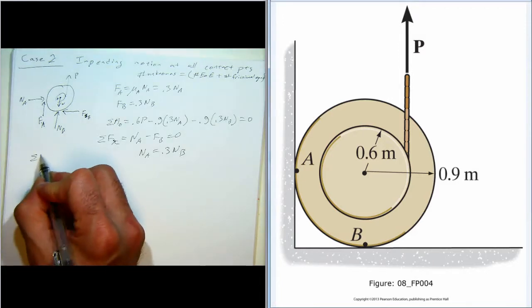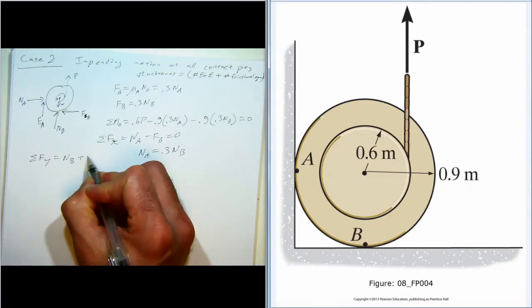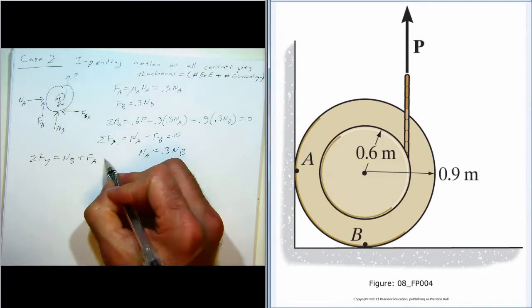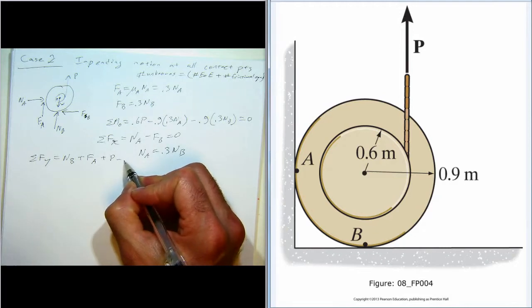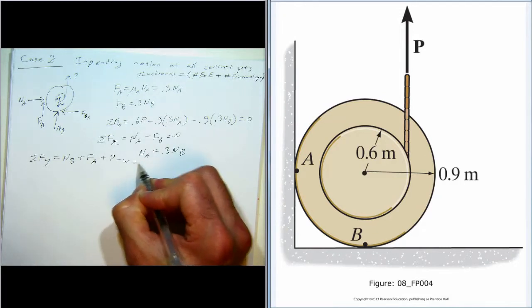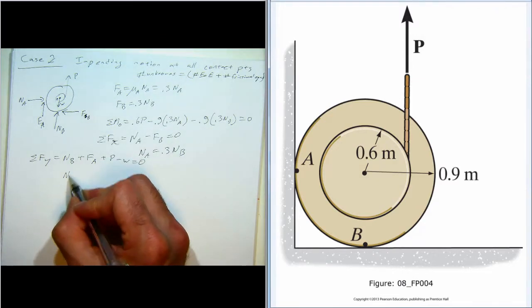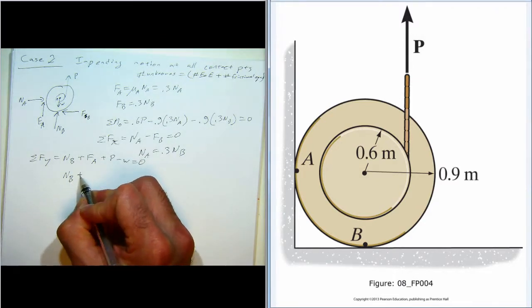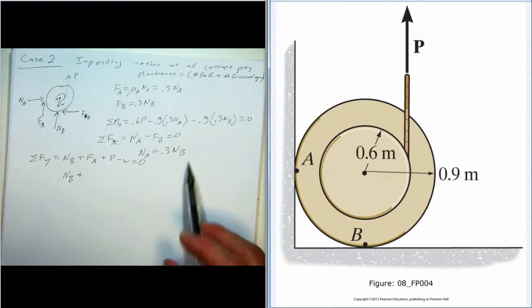And forces in the y direction, we have NB, FA, P, and W acting down. Those add up to 0. I should have substituted for FA, so NB plus, FA is 0.3 times NA, but then NA is 0.3 times NB.